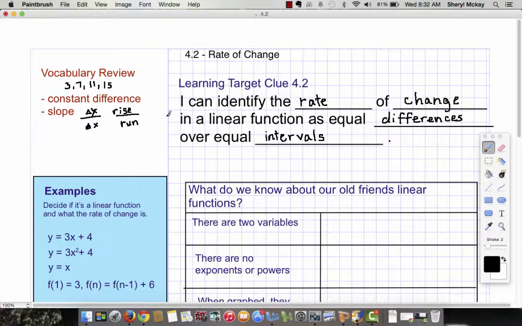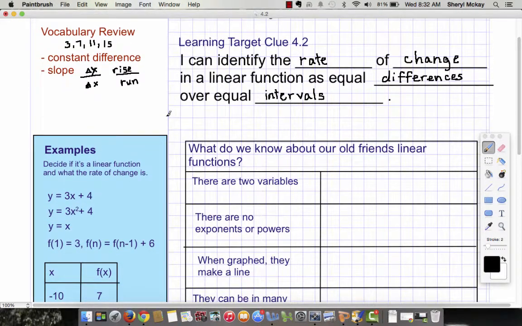One last thing about slope: in slope-intercept form, y equals mx plus b, the m represents the slope, and the m is always a constant in a linear equation.